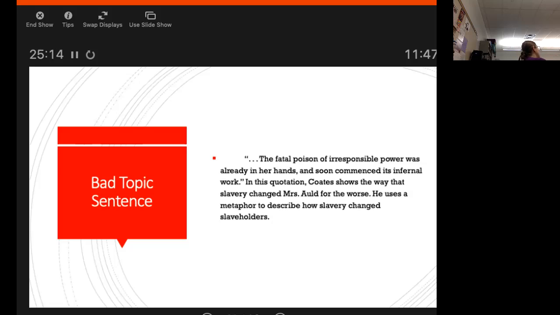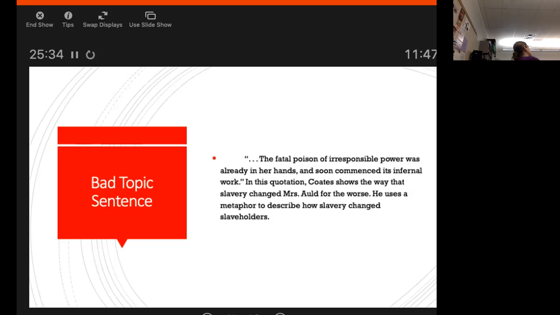So the paragraph is going to be about how Mrs. Auld changed, and it's going to be about metaphors, right? On your goldenrod paper, it says topic sentence right down here. It says on the PowerPoint, I will show you examples of poorly written paragraphs. Fix each part of the paragraph here. So you're going to fix their topic sentence.